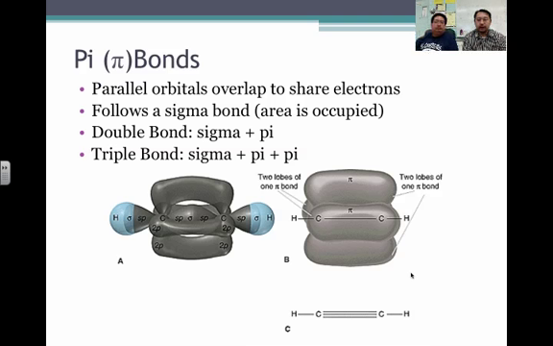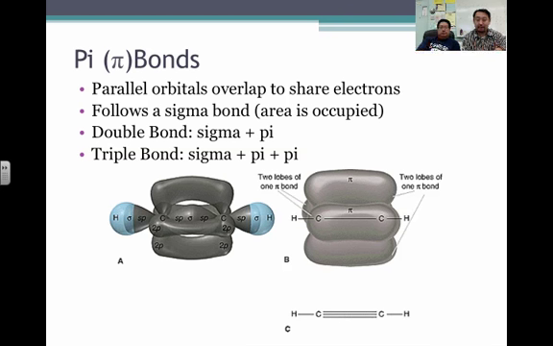So when you have bonds that are more than singles, so we're talking about double and triple bonds, you wind up with something called a pi bond. The way to describe these is they are bonds that are parallel to the sigma bond that's there. Whenever you have a multi-bond between 2 elements, you'll always have a sigma.